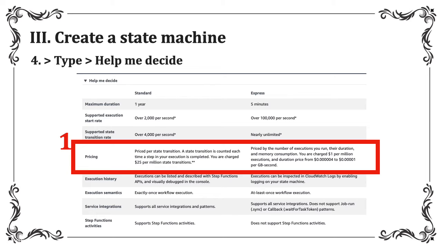We are charged $1 per million executions and about $0.00001 per gigabyte-second for duration. So it's very little money. There is also a "Learn more" link, where you can view more information on the pricing.